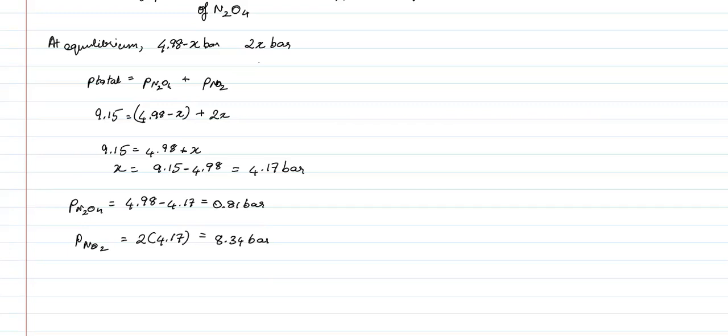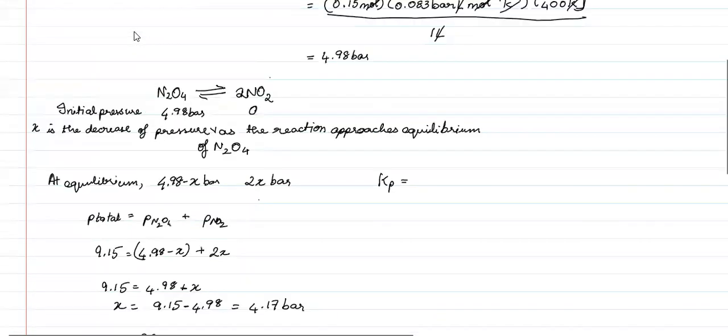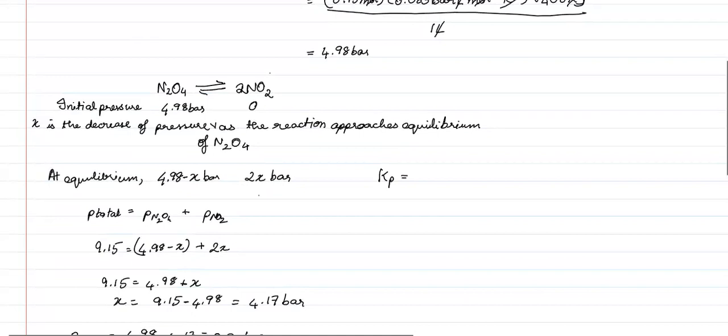The next one is we need to calculate the value of Kp. Now from the chemical equation, for this equation, we can say that concentration of NO2 to the power 2 divided by, oh, sorry, Kp, right? I got so used to talking about Kc.